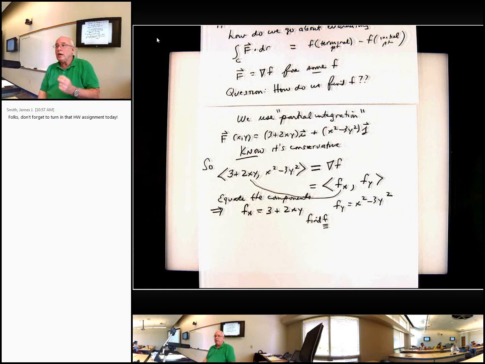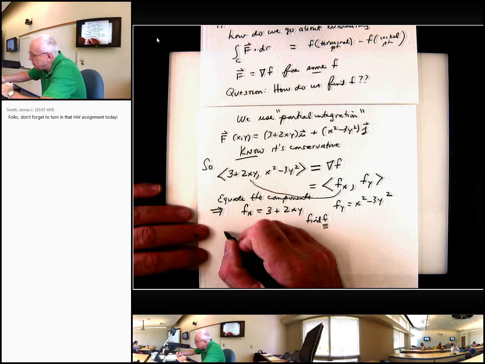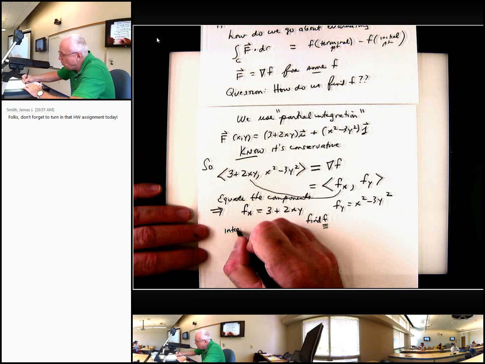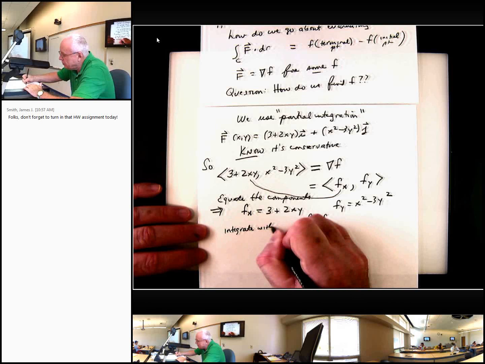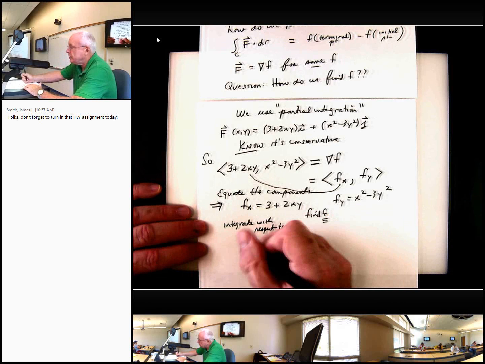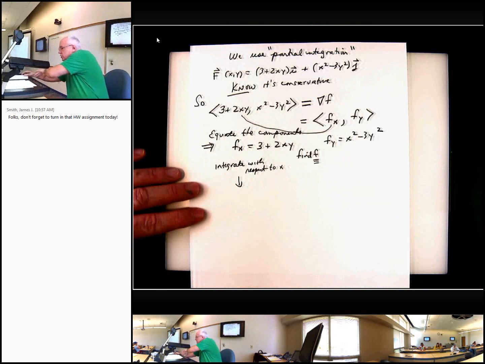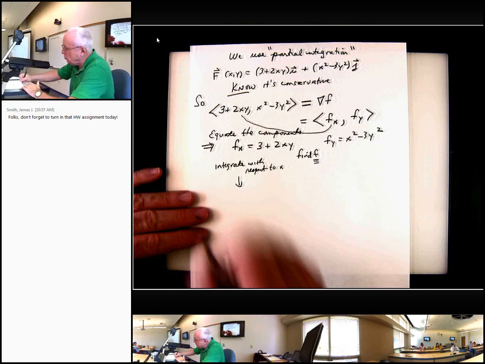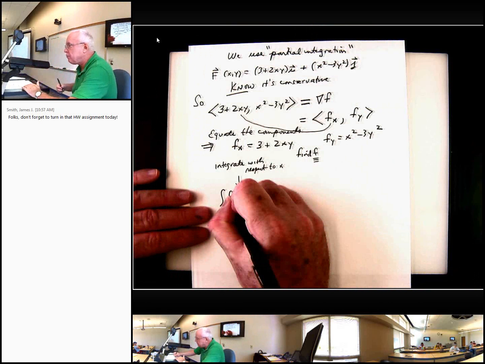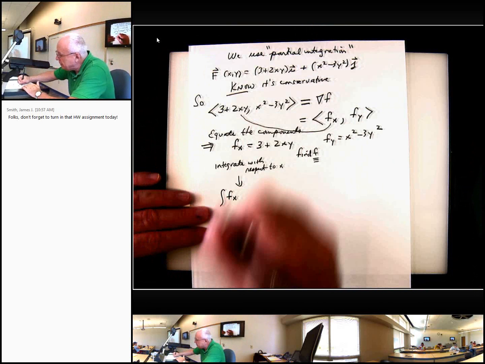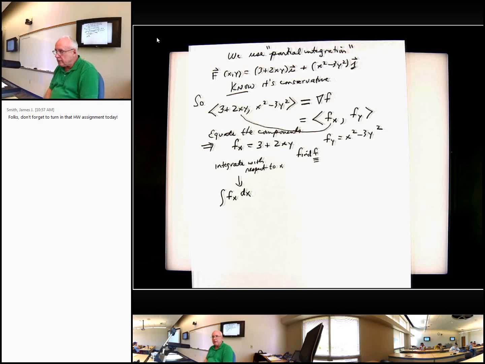Okay, what I do with, say, the first one on the left is I integrate both sides with respect to x. So what this is going to give me is the integral of the derivative of f with respect to x, but I'm integrating it with respect to x.